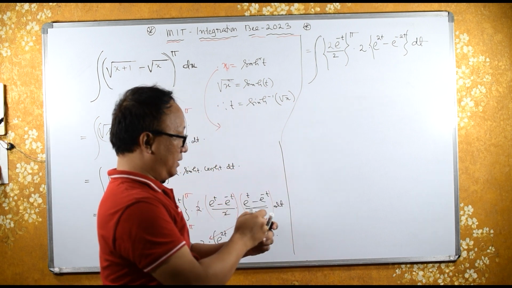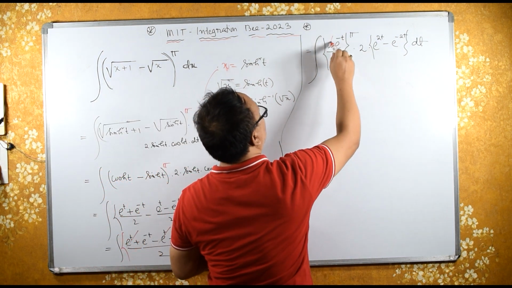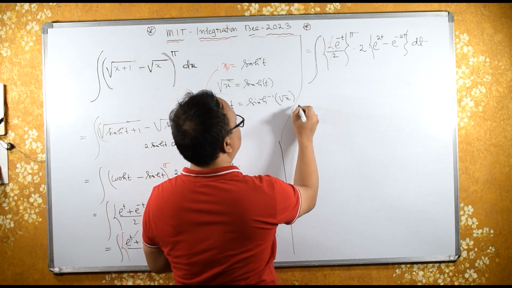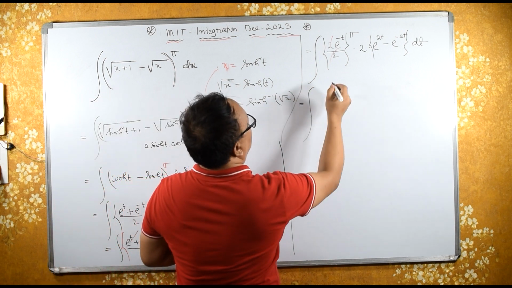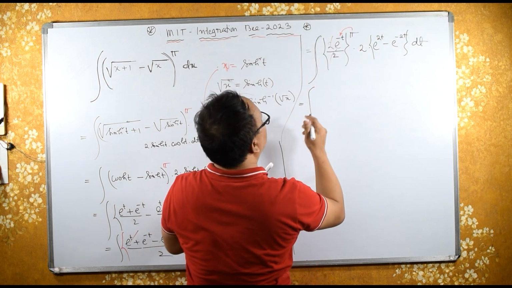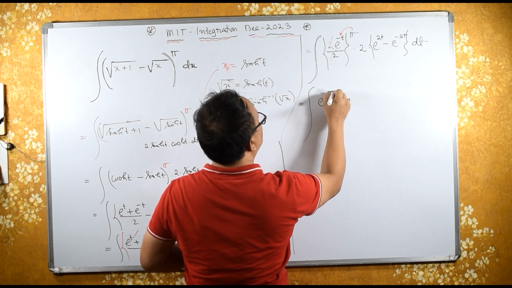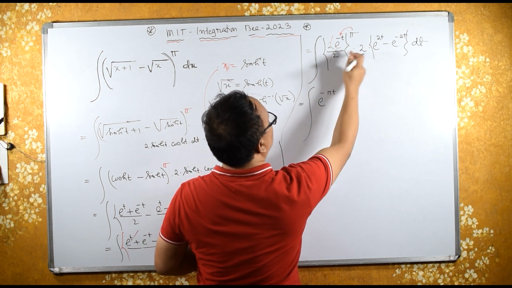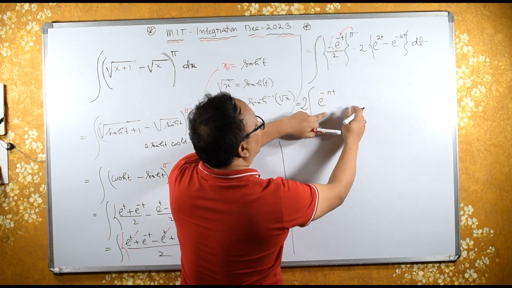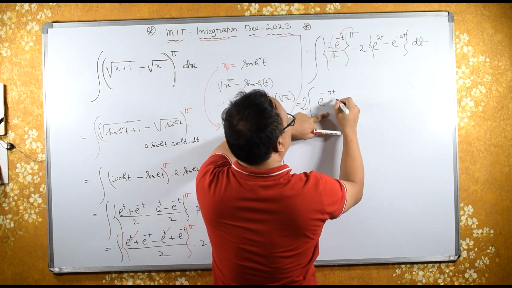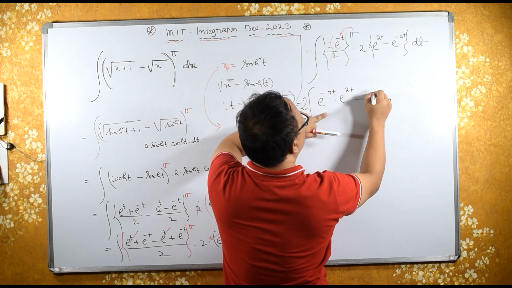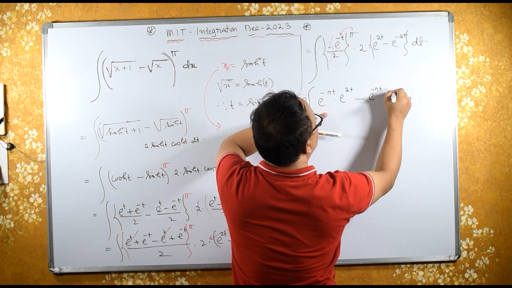Now 2 gets cancelled, we can send this pi inside e, so I get e raised to minus pi t, and this 2 I am sending out, 2 into e raised to 2t minus e raised to minus pi t into e raised to minus 2t.